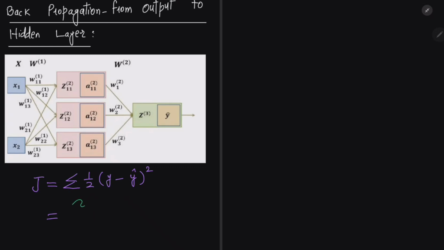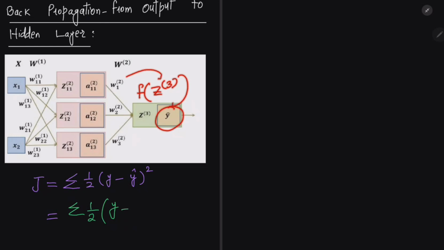Again, we want to change this in terms of f, the activation function. For example, the value of y hat can be obtained when we apply the activation function on Z3.